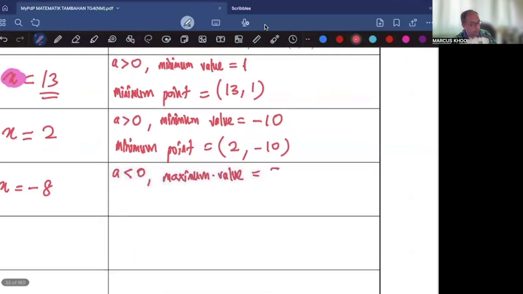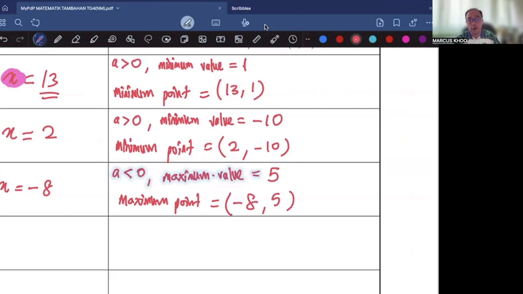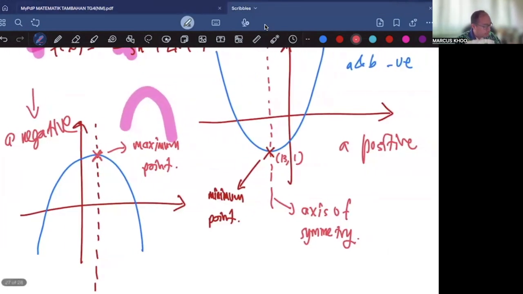So the maximum value is 5. Therefore, the maximum point is (negative 8, 5). That's what the vertex form can tell you. It's pretty useful actually, to tell you that this maximum point here is (negative 8, 5).